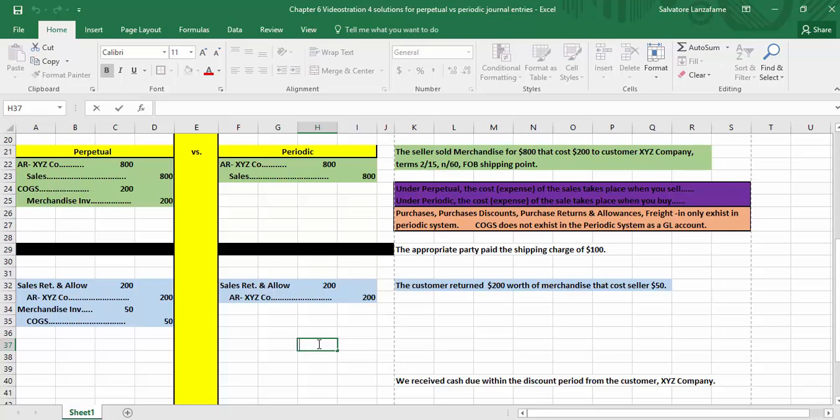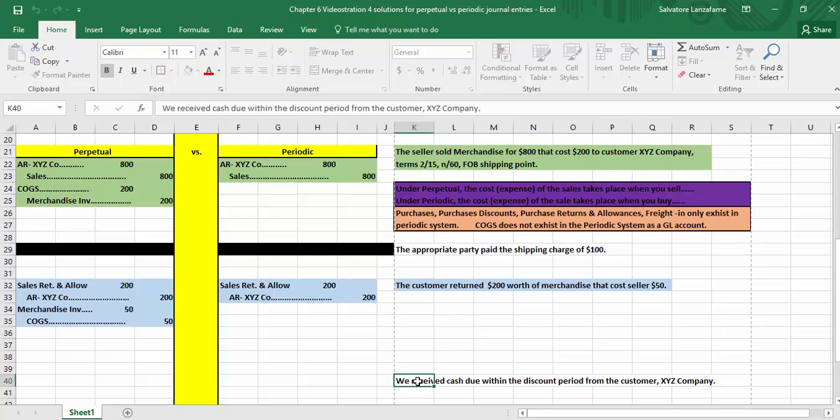So the customer returned $200 worth of merchandise. Under periodic, we would debit sales, returns, and allowances, and we would credit accounts receivable. Again, notice the difference between the two. So we can't credit COGS because COGS does not exist as a general ledger account. So I can't do that second part, just like I couldn't do the second part for the sale.